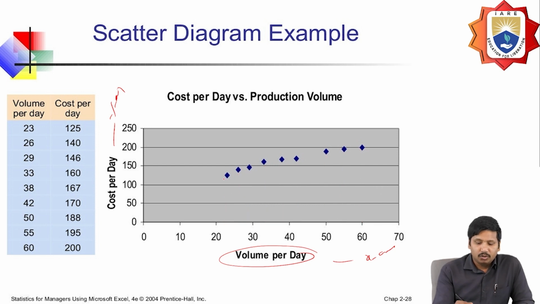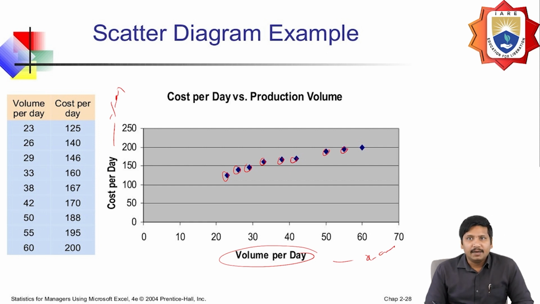Once you dot all these points, the diagram we obtain is the scatter diagram. So we construct the scatter diagram like this, just marking the points on the XY plane.